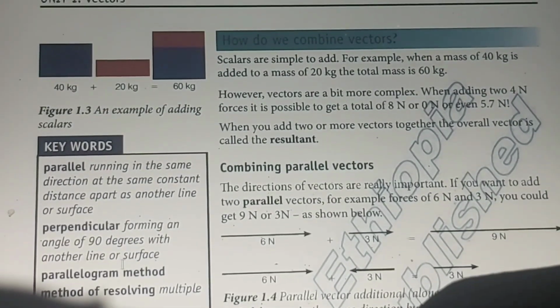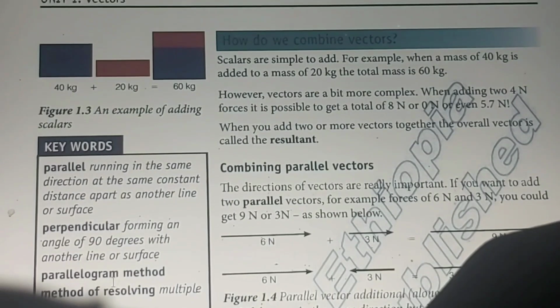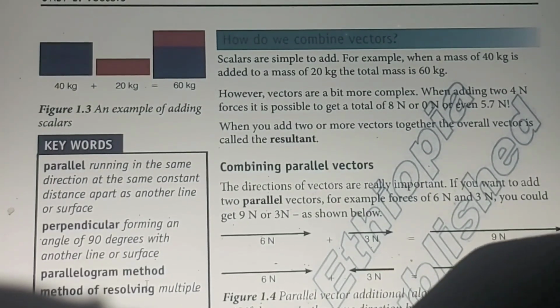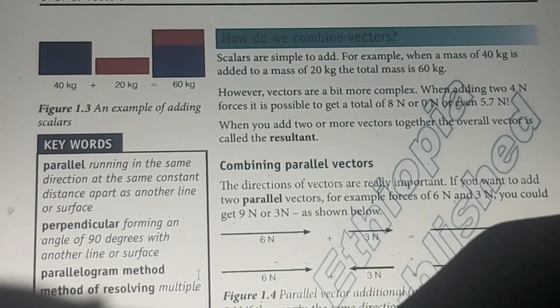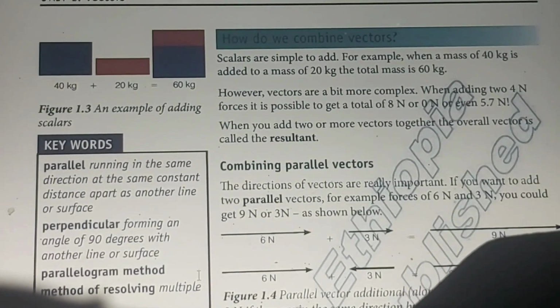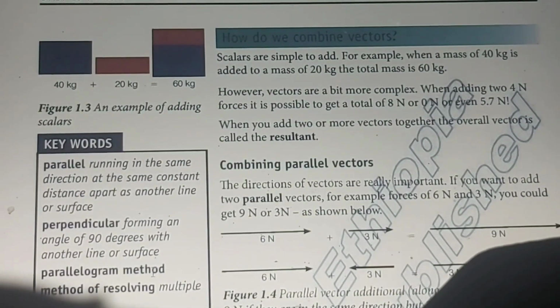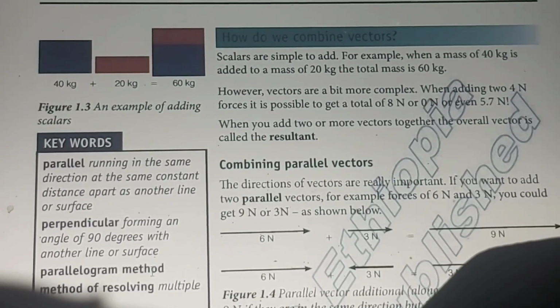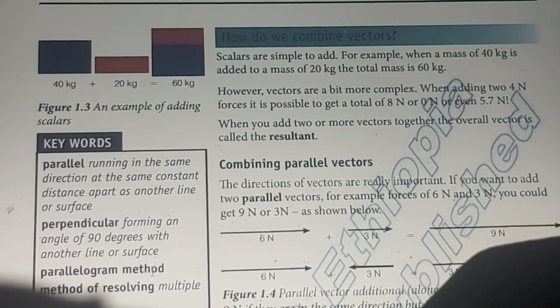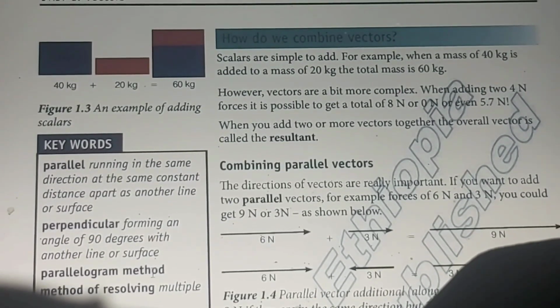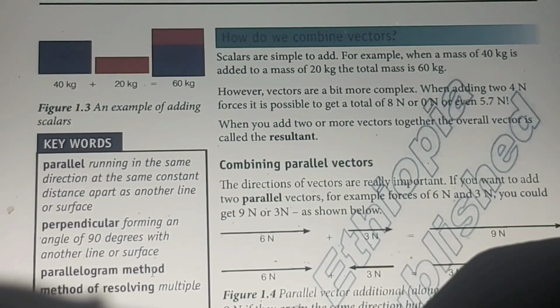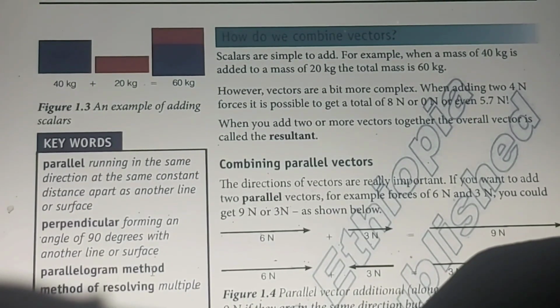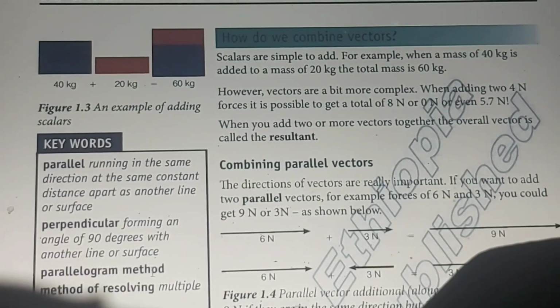Okay, the parallelogram method. This is a method of solving the given vectors in a simple way, especially for complex vectors. That means when they are not parallel or not perpendicular to each other, the vectors can be easily solved by using the parallelogram method.